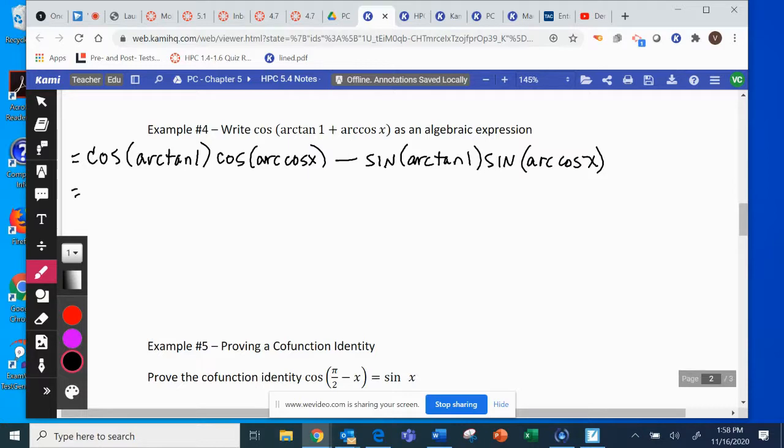So when we see arc tangent or arc cosine, what am I getting? What is that representing? Well, it is the inverse, but what does the inverse give me? Yes, it does give me a restricted amount of answers, but what are those answers?